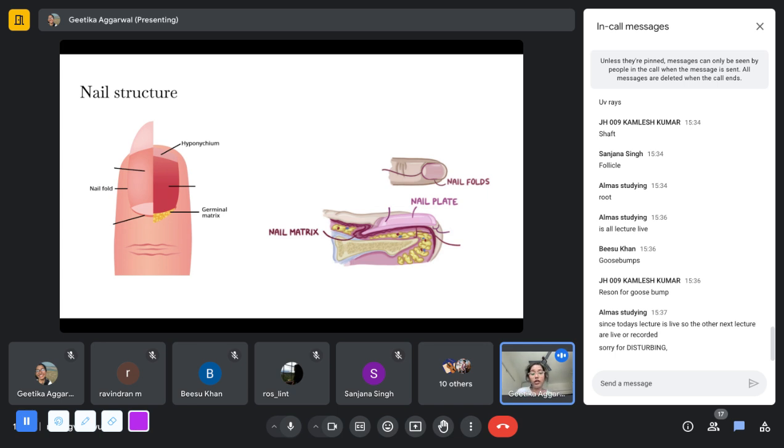What is this called? Anyone? This section right here, or this section?